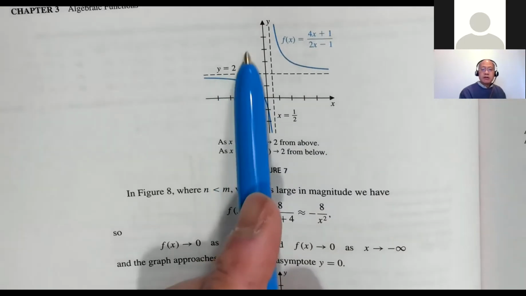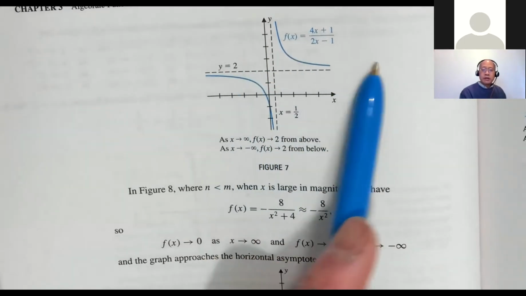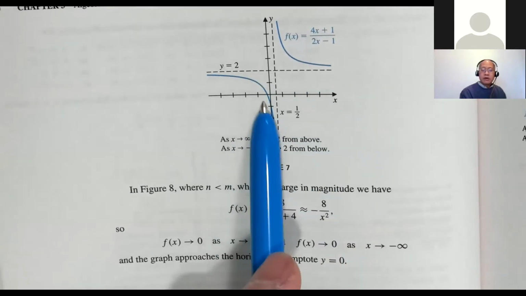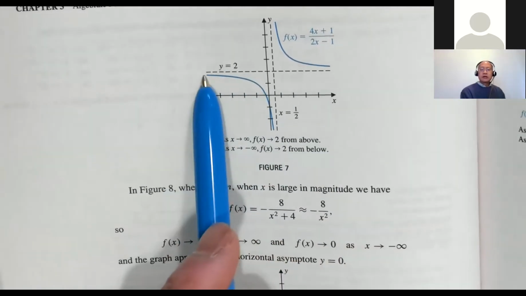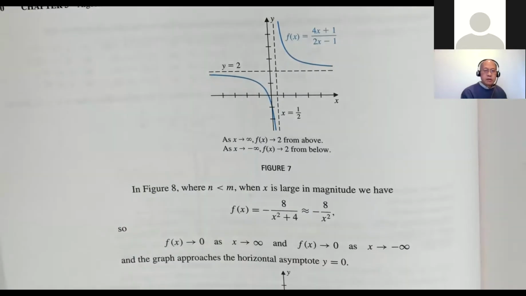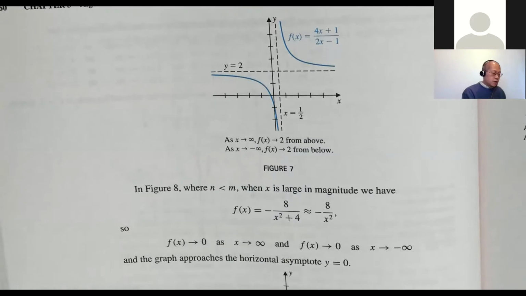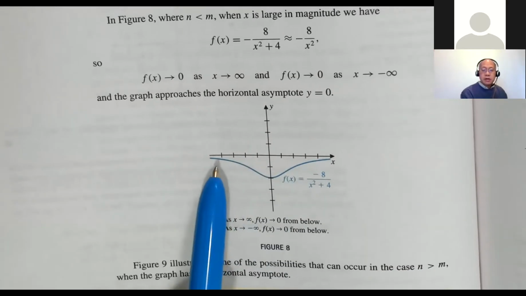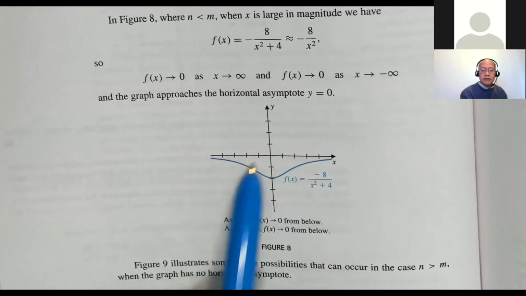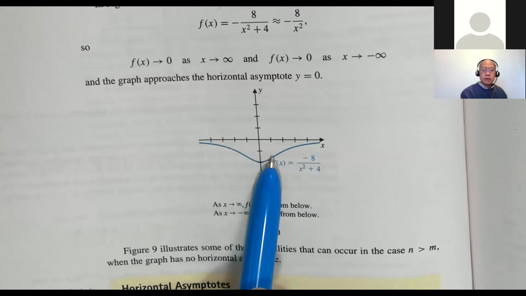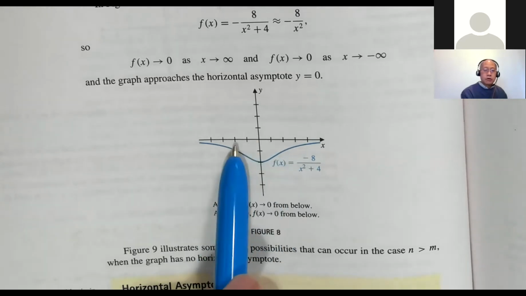So here, when the graph goes way out to the right, the graph approaches y equals 2. And likewise, if I go way out to the left, it looks like the graph still approaches y equals 2. So y equals 2 would be a horizontal asymptote. This picture looks like on both sides the graph gets close to the x-axis, which is the same thing as saying y equals 0. So we have a horizontal asymptote.